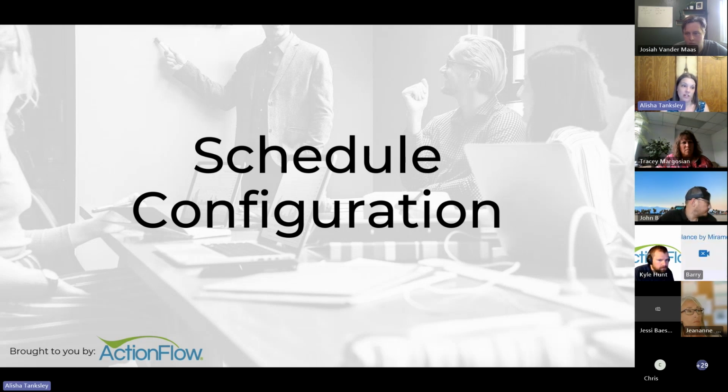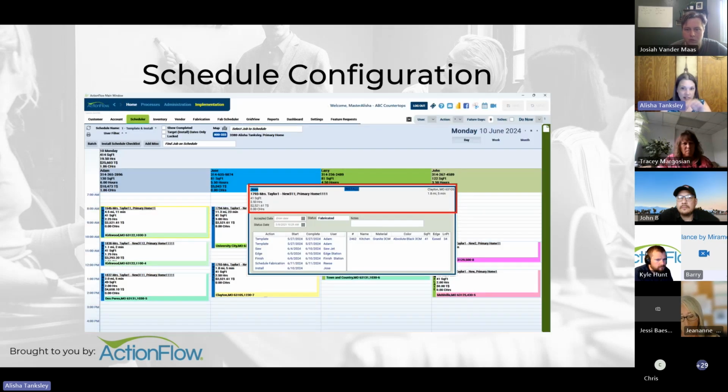Schedule configuration. You may have already noticed this. In ActionFlow, you have the ability to hover over an appointment on your scheduler and see some additional information about it. That's been reconfigured a little bit. So now if you hover over something in your scheduler, ActionFlow can bring up a box that will have the name of the customer. It will have the address of the job site or the city.